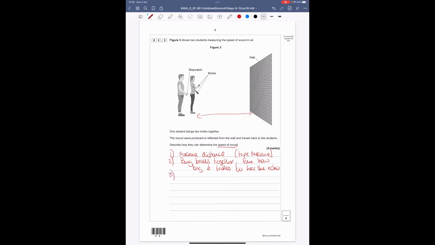So then you've got distance and time. But what you've got to remember is that you've got to double the distance, because the sound has to go all the way to the wall and then it's got to come all the way back. So double the distance, because the sound is an echo.